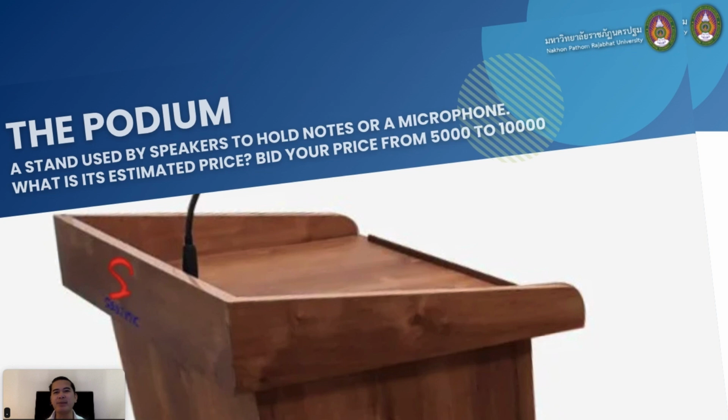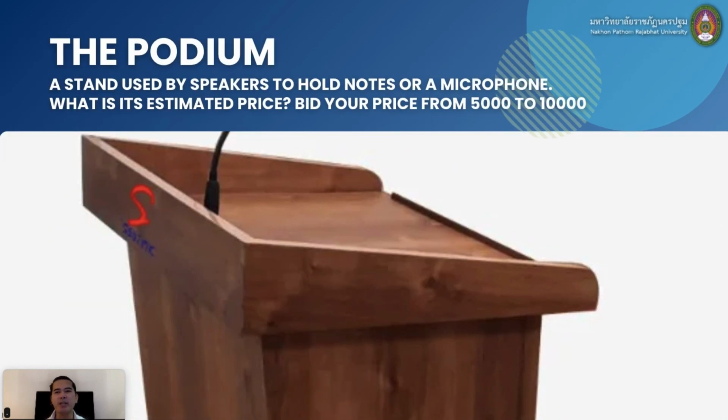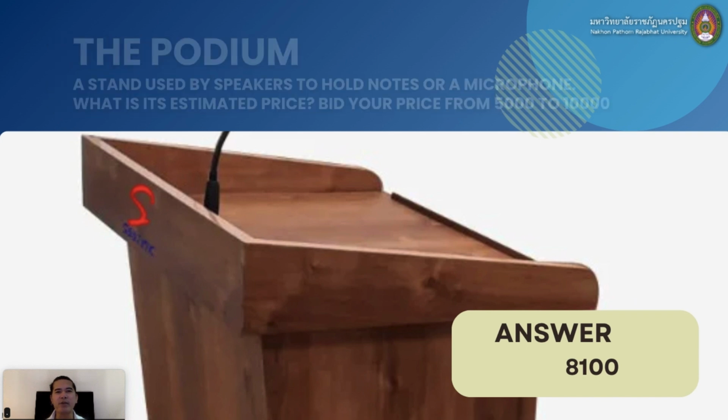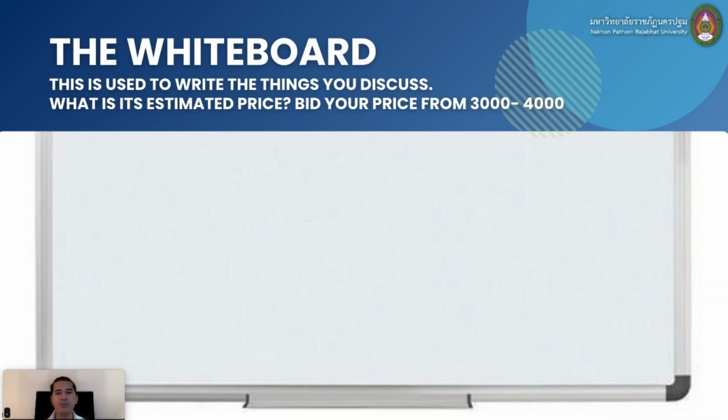All right, this one, the podium. The podium is a stand used by speakers to hold notes or a microphone. What is its estimated price? Bid your price from 5,000 to 10,000. Great job. The answer is 8,100. Very good.